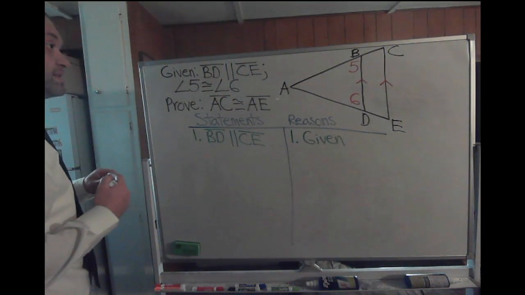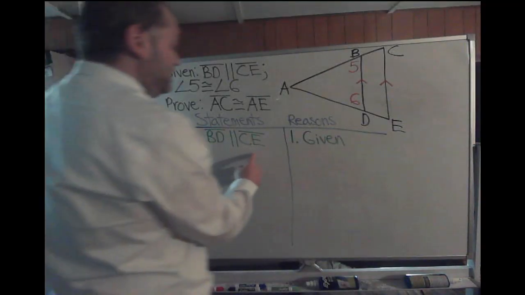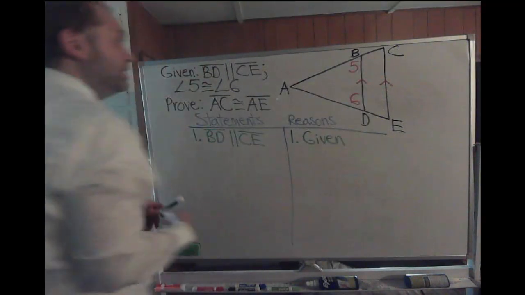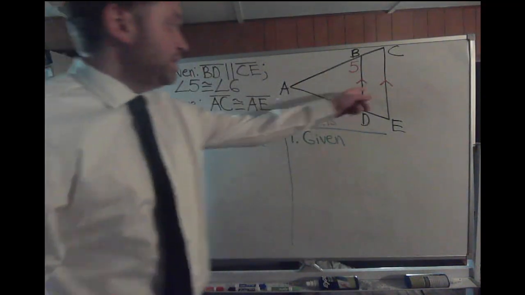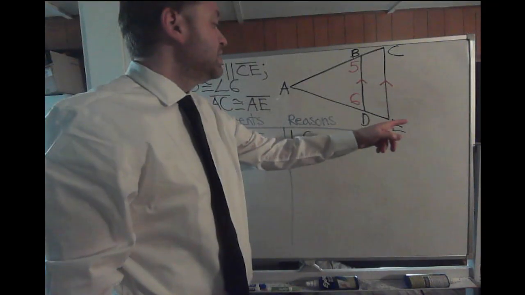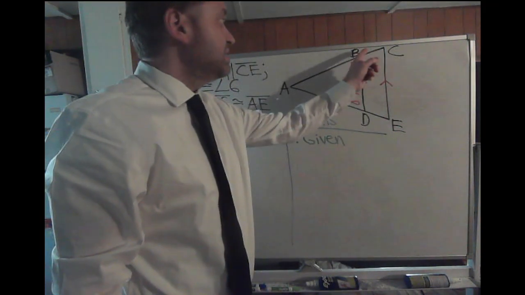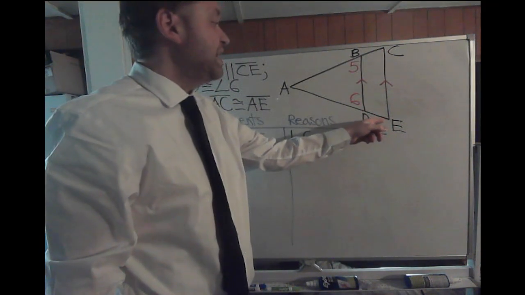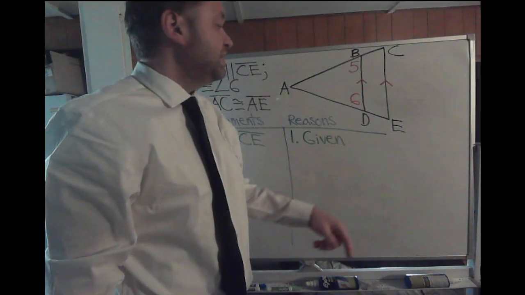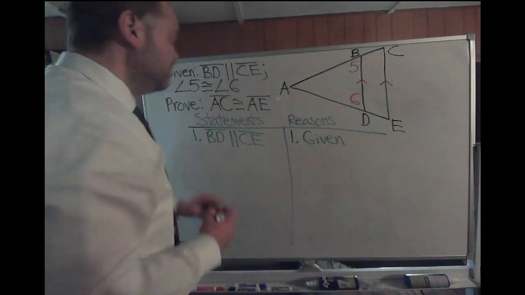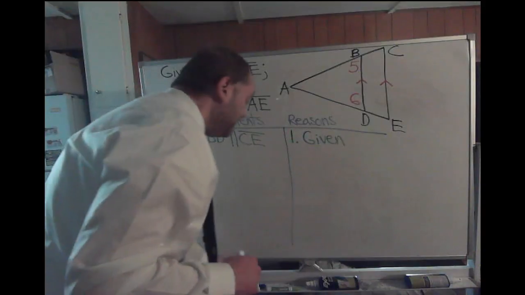Alright, so next, if BD is parallel to CE, we have two parallel lines, right? Doesn't BC and DE, don't those act like transversals to these two lines? They certainly do. What does that mean then?